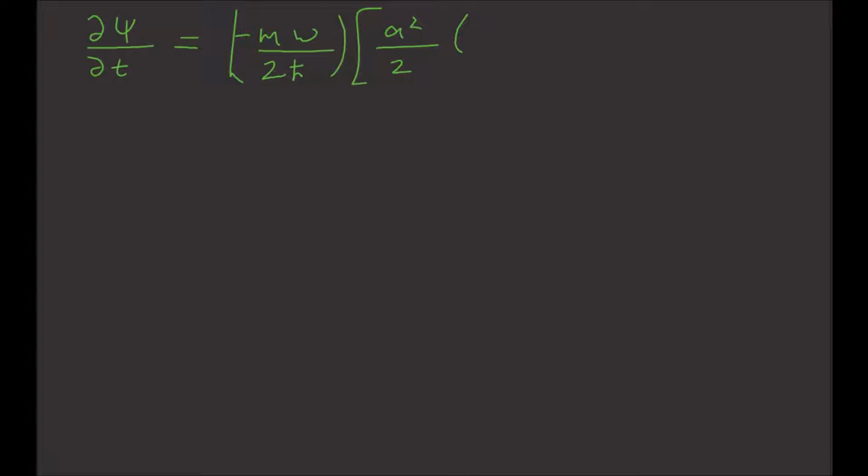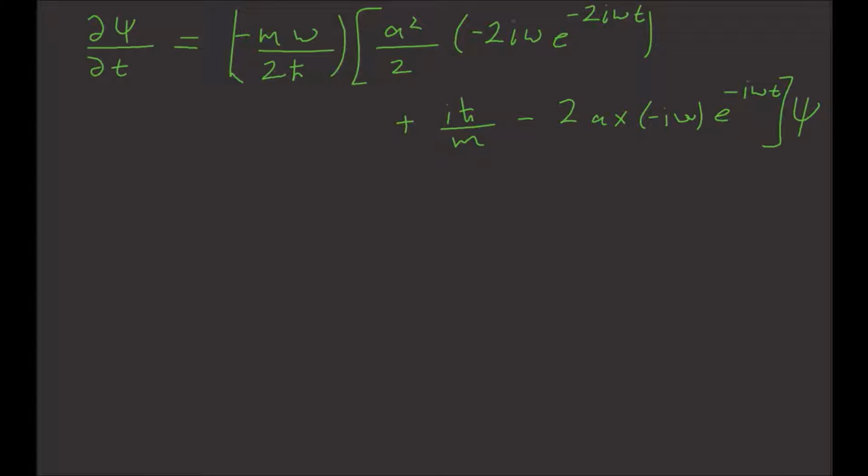Divide by 2 times minus 2 omega e to the minus 2 omega t plus h bar divided by m minus 2 x times omega times e to the minus omega t times psi. So let's multiply both sides by h bar and simplify a little bit.